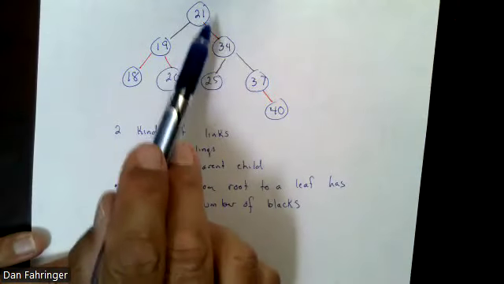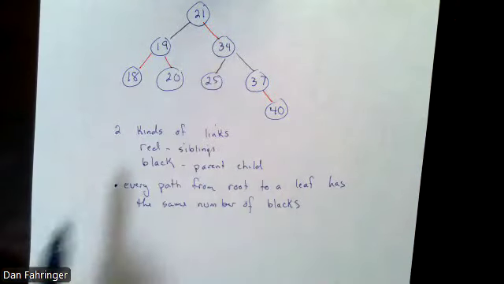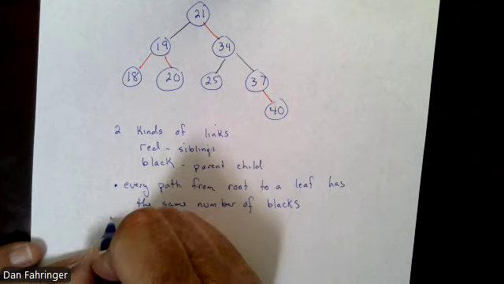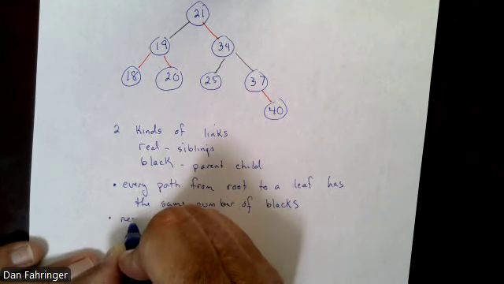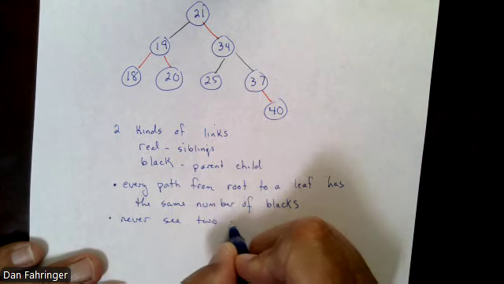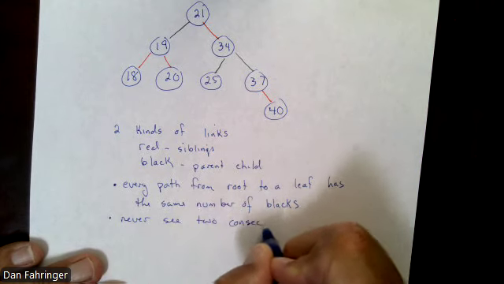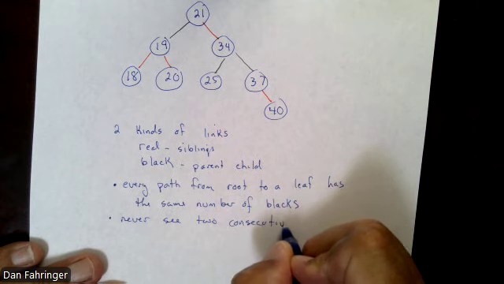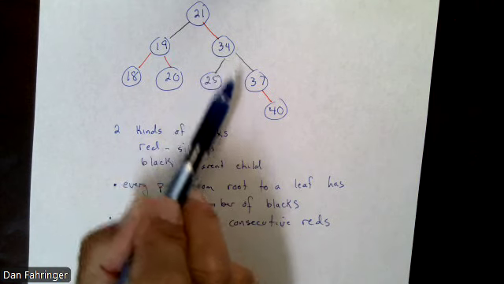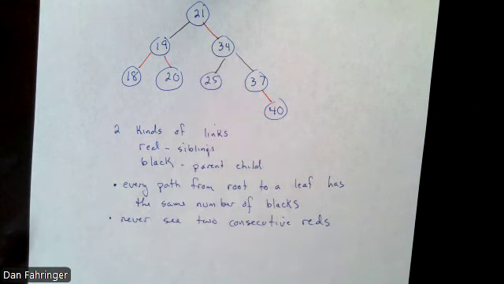Up a level, these two are siblings, but we're only going down one. Another note is you will never see two consecutive reds, because we start going down different levels.